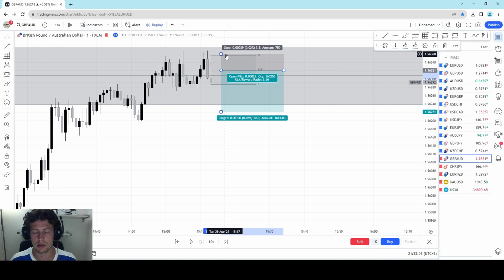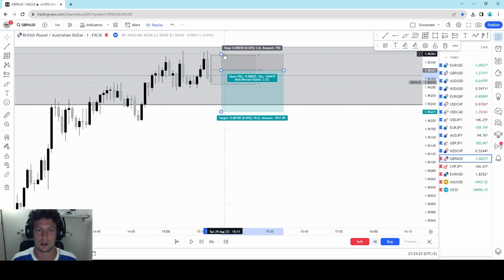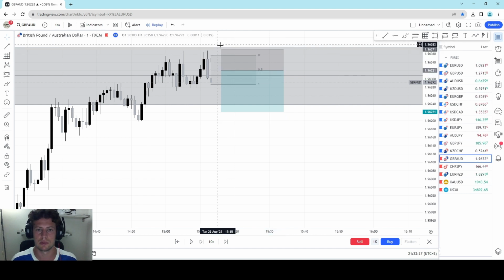Sometimes it depends on the currencies, but sometimes it could be a 2 pip stop loss. I know that sometimes I had 0.8 stop loss, but now on the British pound, Australian dollar, I would put a 5 pip stop loss.